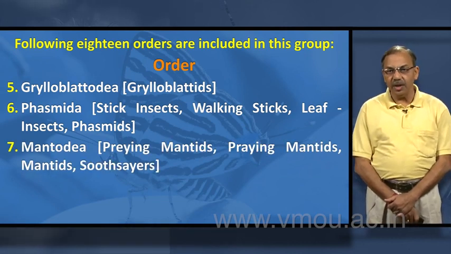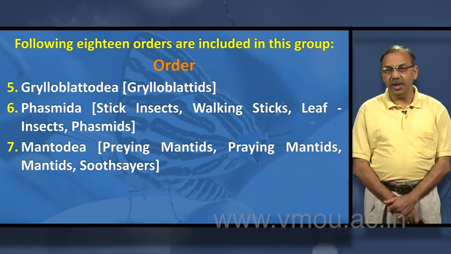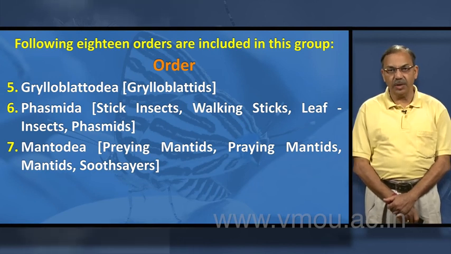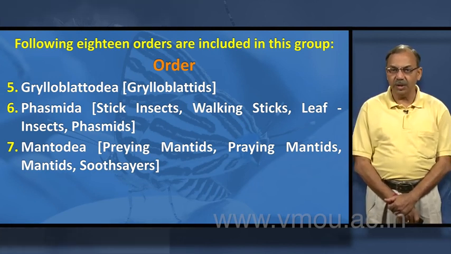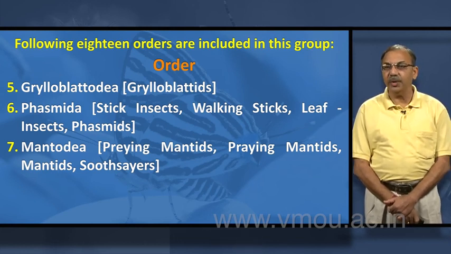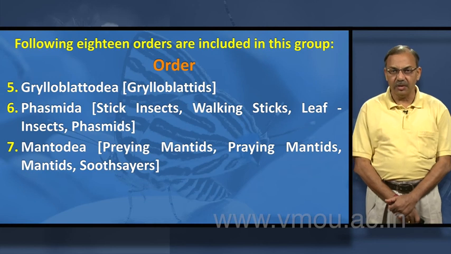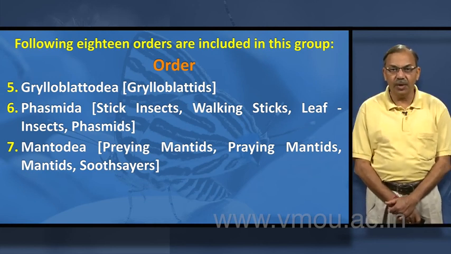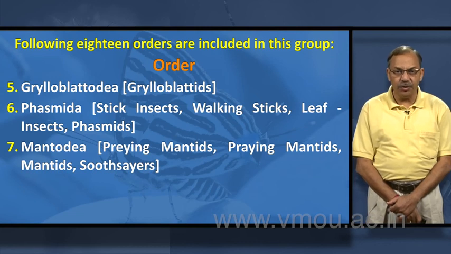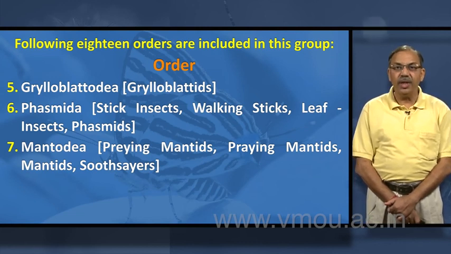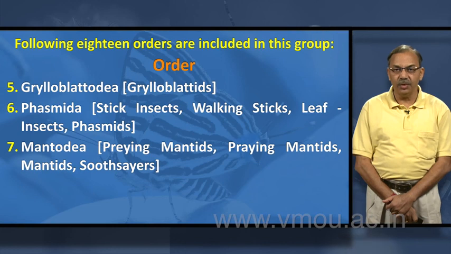Mantodea, praying mantids, both PREY as well as PRAY are correct, because PREY is the predatory and PRAY is the prayer, making prayer. We will study its structure, that their 4 limbs are kept joined together as if they are praying before the Almighty.